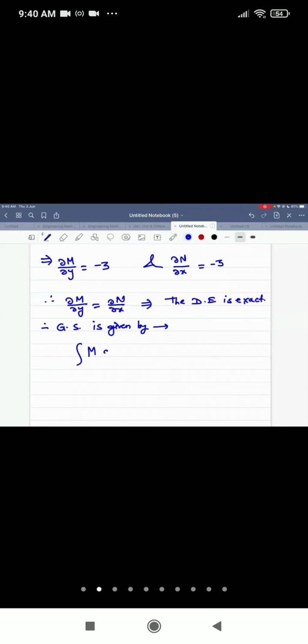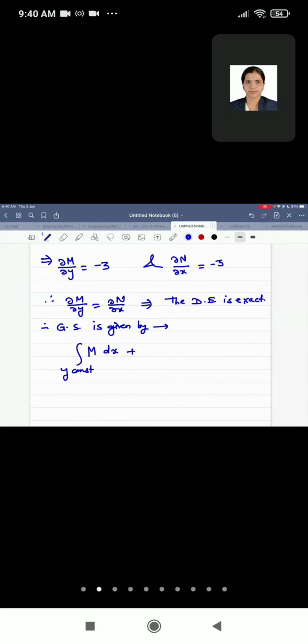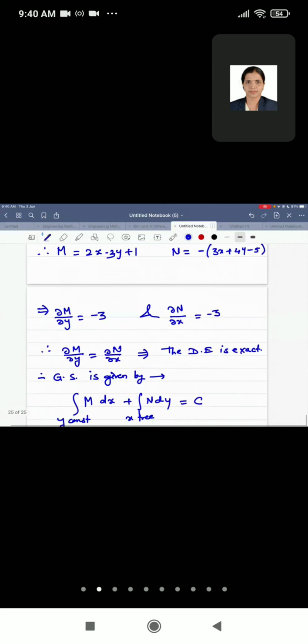Mark my words. So M dx here, y constant, plus N dy, the terms free from x, equal to c, right? Now, in M, I have to write the whole term. So what is my M? It is 2x minus 3y plus 1.